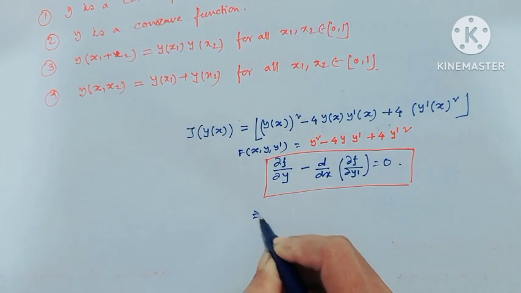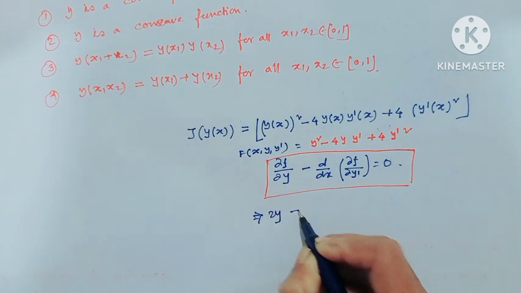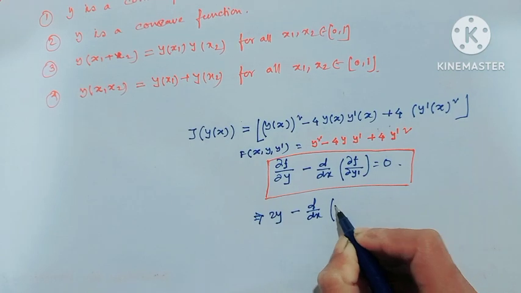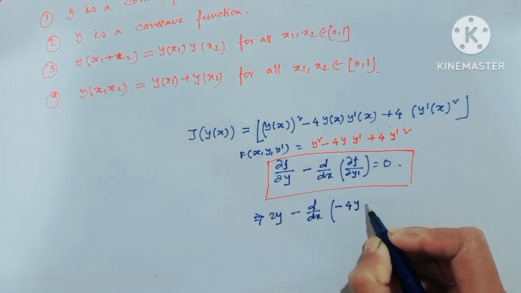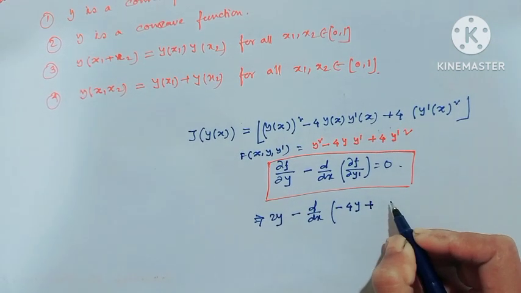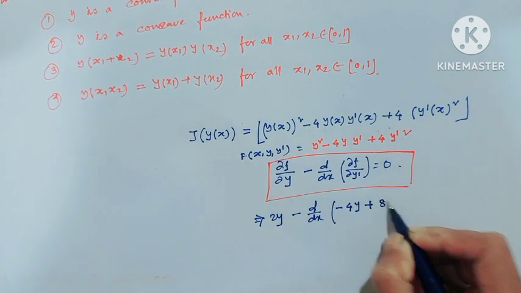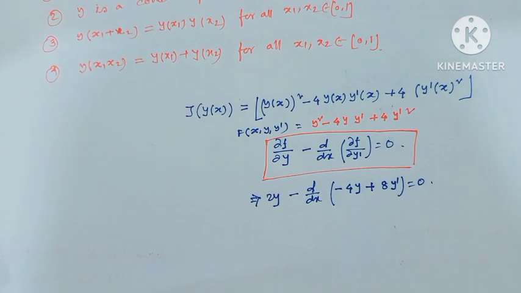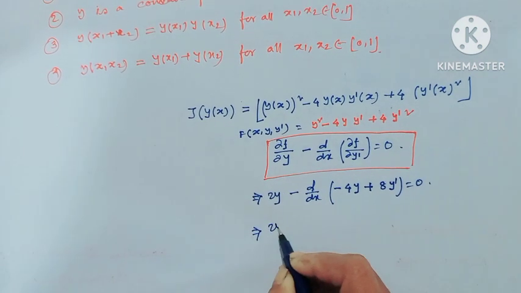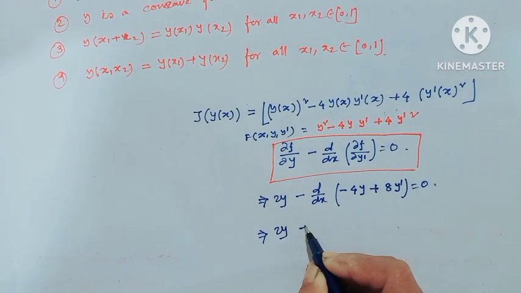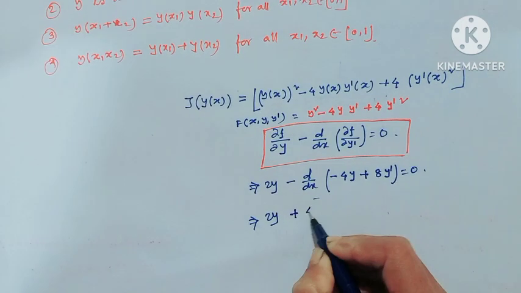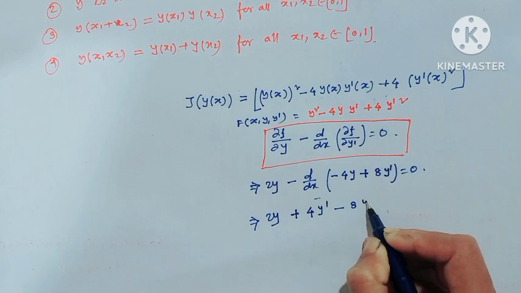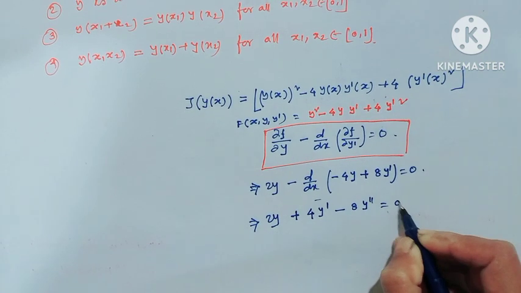Del f del y means obviously 2y minus 4y prime.